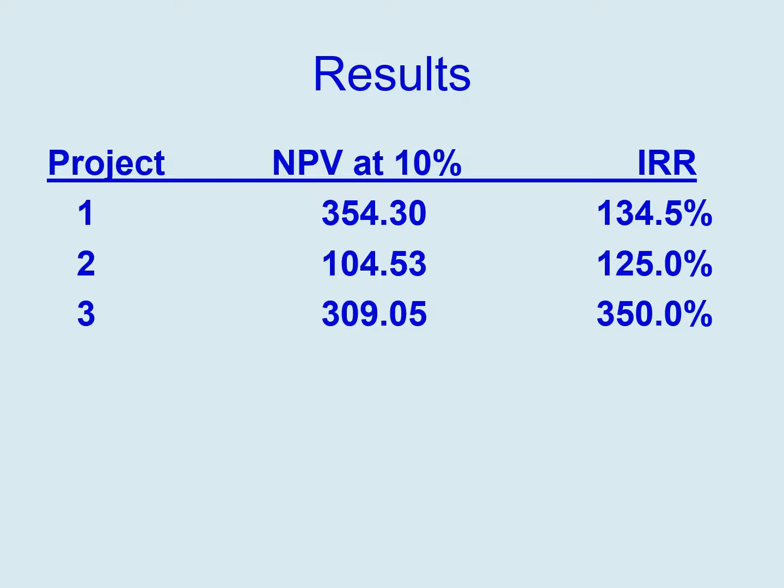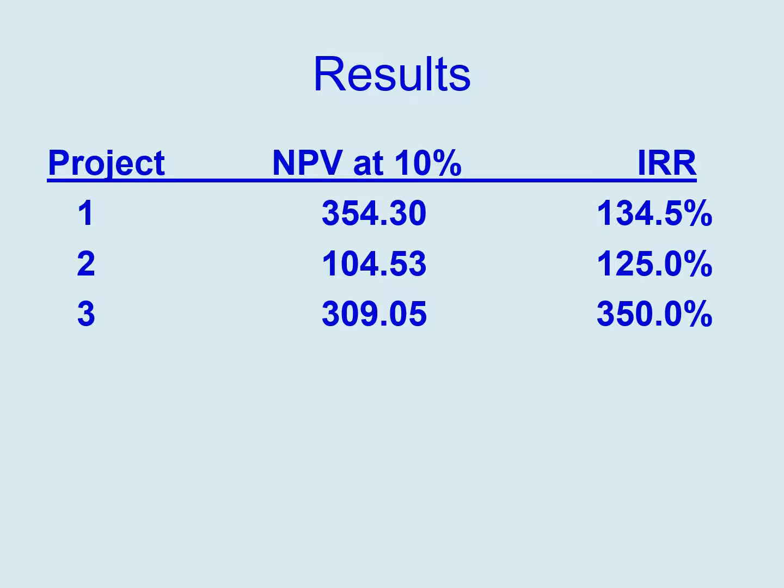Okay, here are my results. The net present value for my 2 mutually exclusive projects are $354 and $104. So that makes it pretty easy. My 2 mutually exclusive projects, I would obviously prefer project 1 over project 2 because the NPV is higher.